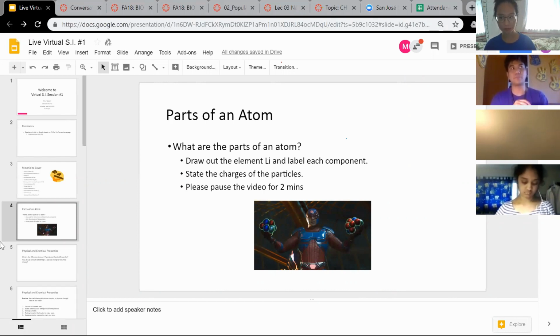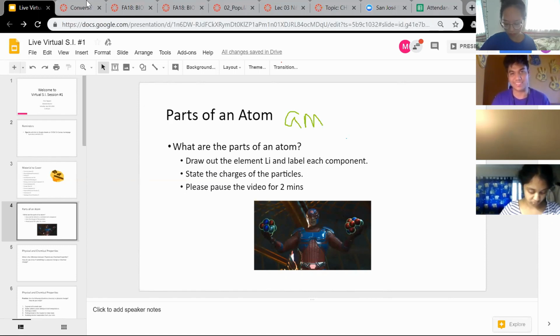That atomic number will give me a hint of how many protons and electrons are in my element, and then I look at its atomic mass to see how many neutrons are in it by doing the calculation.